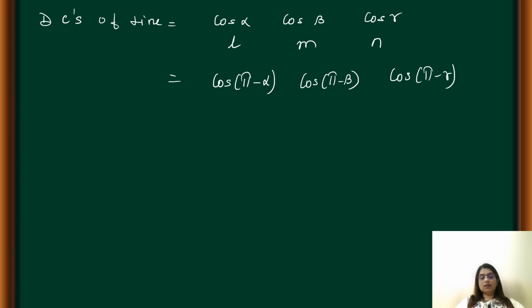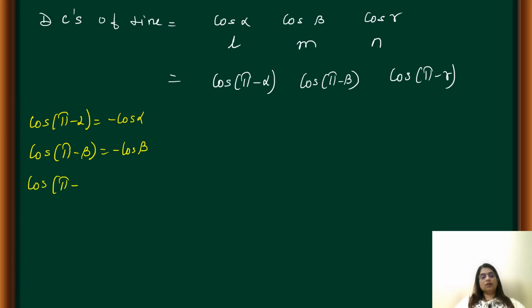Understand one thing, guys: cos of pi minus alpha is equal to minus cos alpha, similarly cos of pi minus beta is minus cos beta, and cos of pi minus gamma is minus cos gamma.